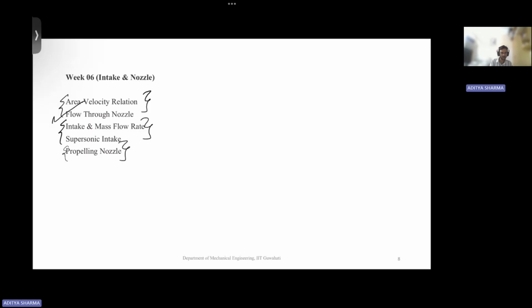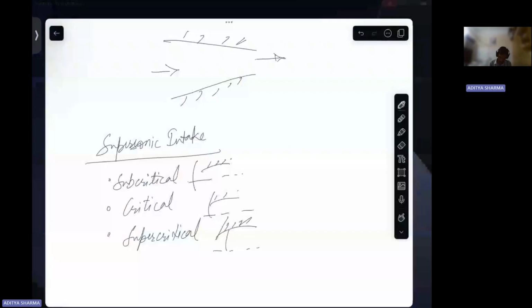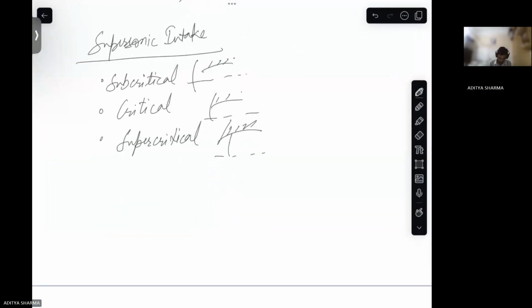For this, you have the expression for efficiency.